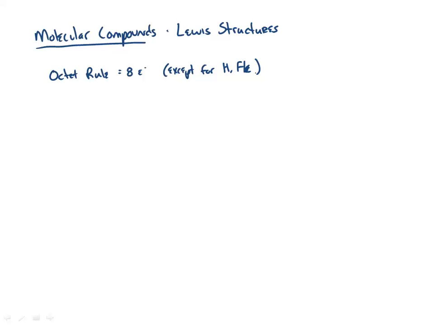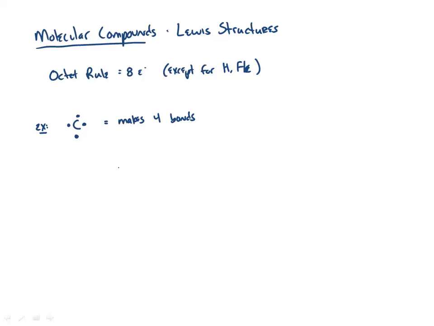Lewis structures. For example, if we look at carbon, how many valence electrons does carbon have? Yeah, it has 4. And so we draw it like this. And so what that means is that in general, carbon makes 4 bonds. But those 4 bonds can be in a variety of different forms, right?